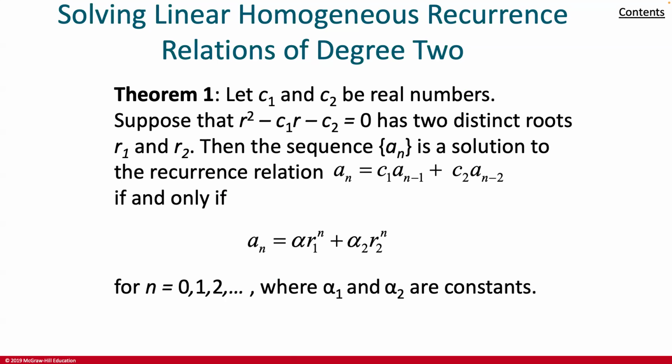So here is a theorem. Let C1 and C2 be real numbers. Suppose that r squared minus C1 r minus C2 equals 0 has 2 distinct roots, r1 and r2.